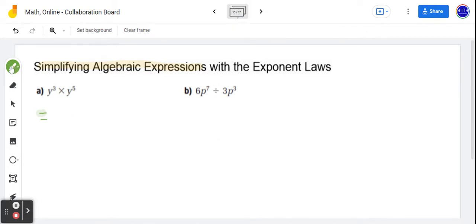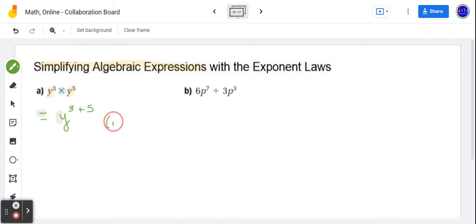Notice that we are multiplying. We have two powers, each with a base of y, and we're multiplying those powers together. Thinking back to what you had experienced before, we would take those two powers and end up adding the exponents, because we are using the multiplication rule.